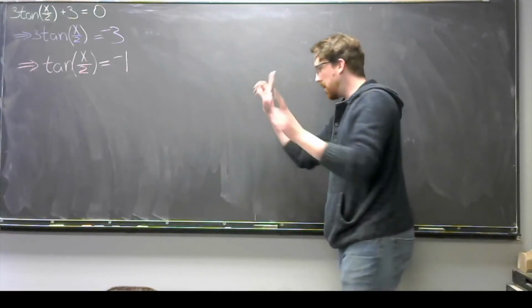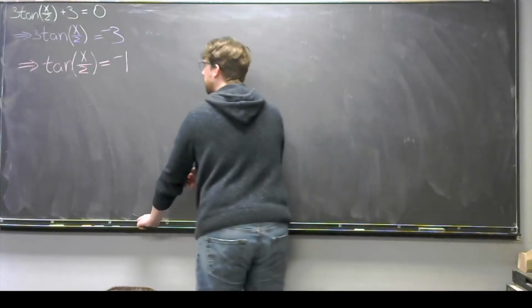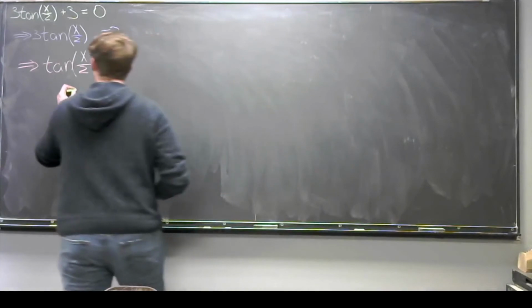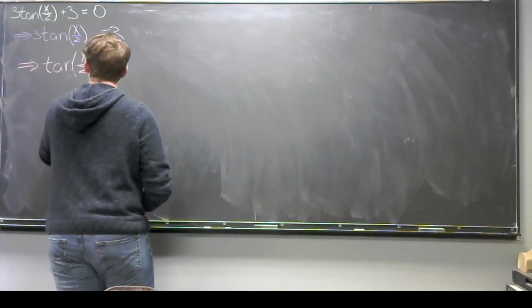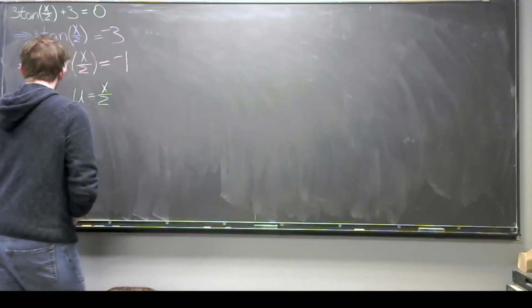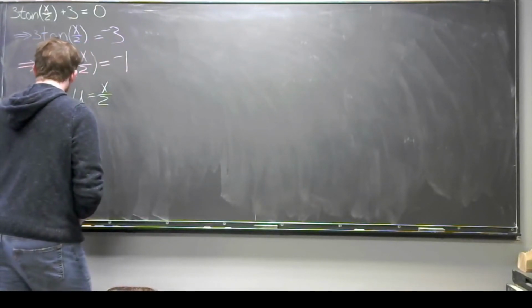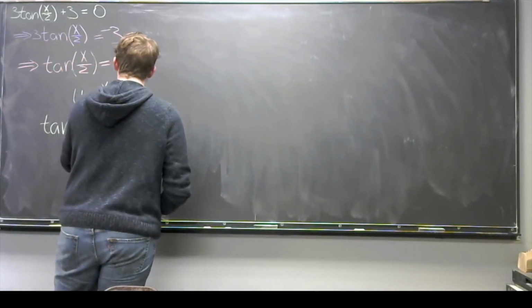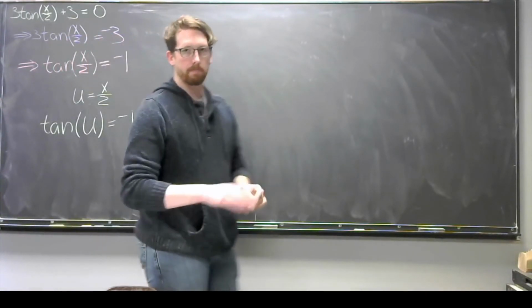So why don't we, for just a second, use a substitution. Let's call u x over 2. Then tangent of u is equal to negative 1. Okay.